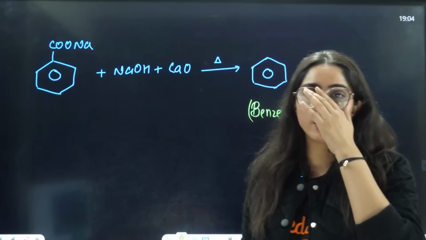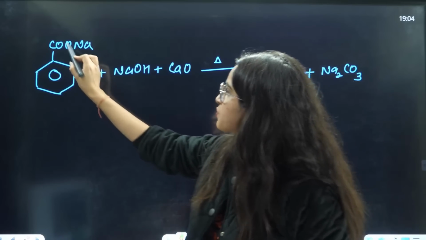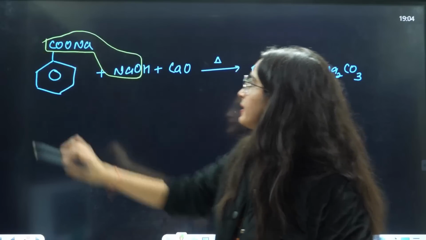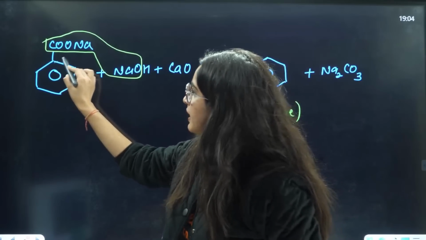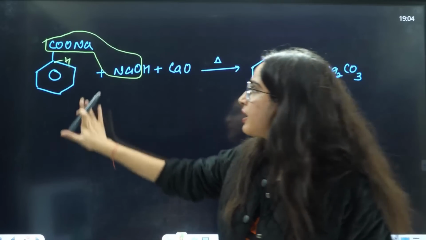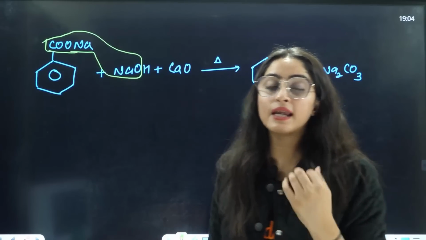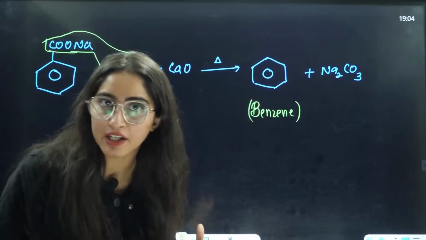For example, you are using this reactant. Here again, what will happen? COONa will be eliminated as Na2CO3. And what you will be left with here is the addition of hydrogen, and you will have the formation of benzene. So benzene can also be formed by soda lime decarboxylation reaction.